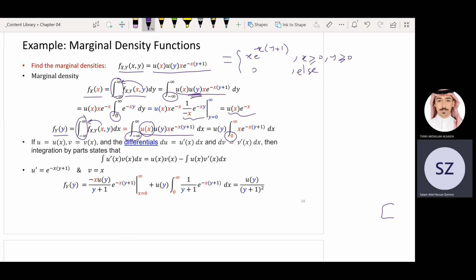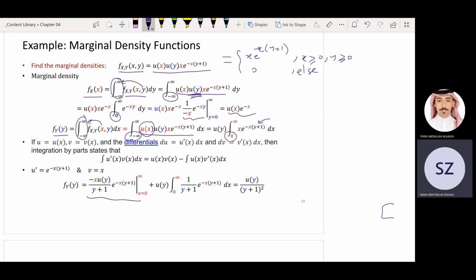Now you have this function integrated with respect to x. So basically this is x e to minus x(y+1). The y plus 1 is a constant. So for x e to minus x, you need integration by parts. You do it, and you end up with this solution.